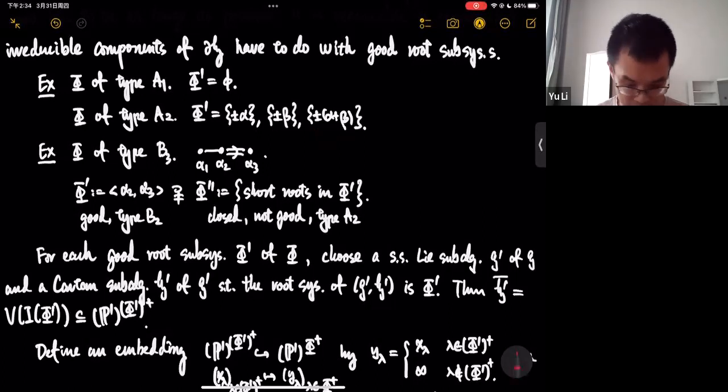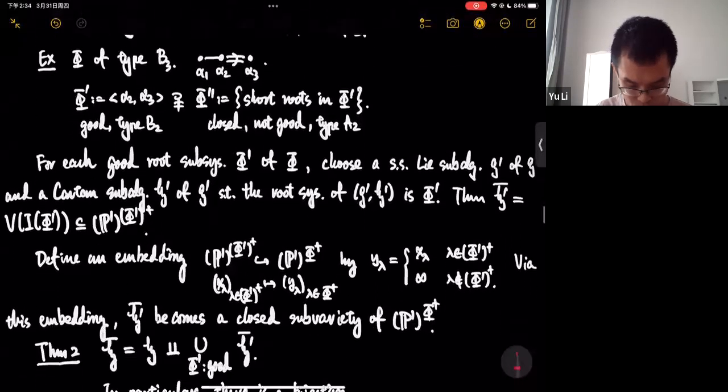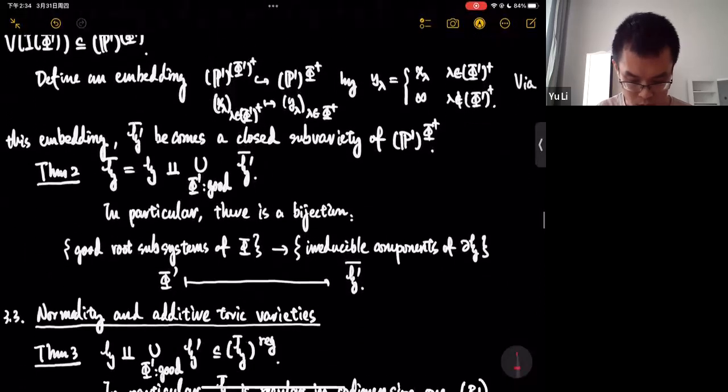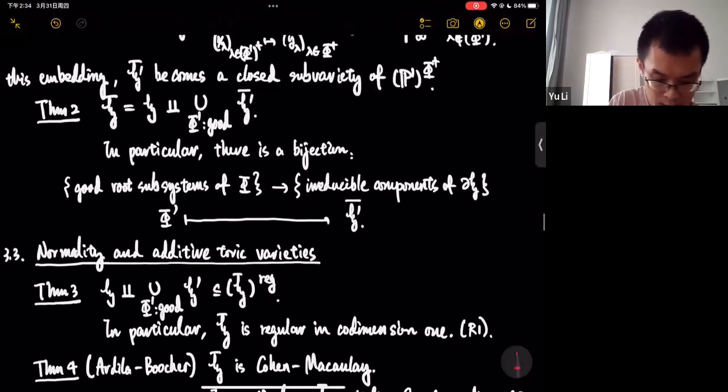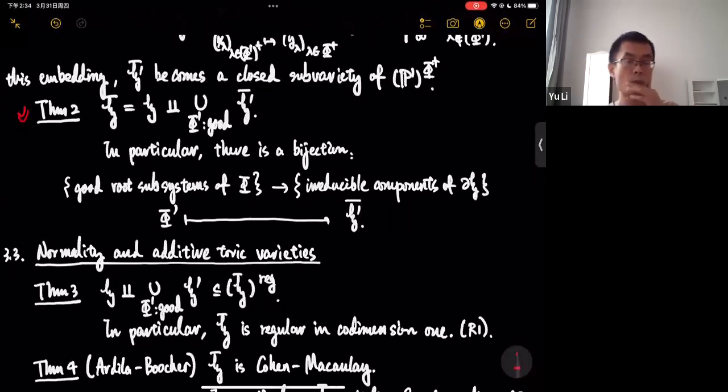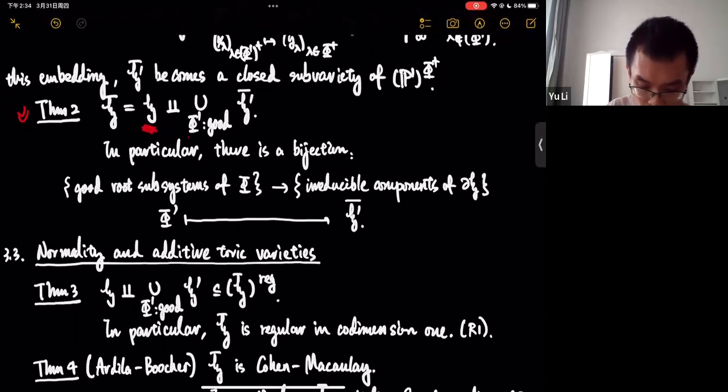Nice. So what I said about components of the boundary is summarized in theorem number 2. The variety H bar can be understood as follows. First, there's of course this finite part H, and then there are some irreducible components of the boundary. And actually, the irreducible components of the boundary are in one-to-one correspondence to good root subsystems phi prime of phi.